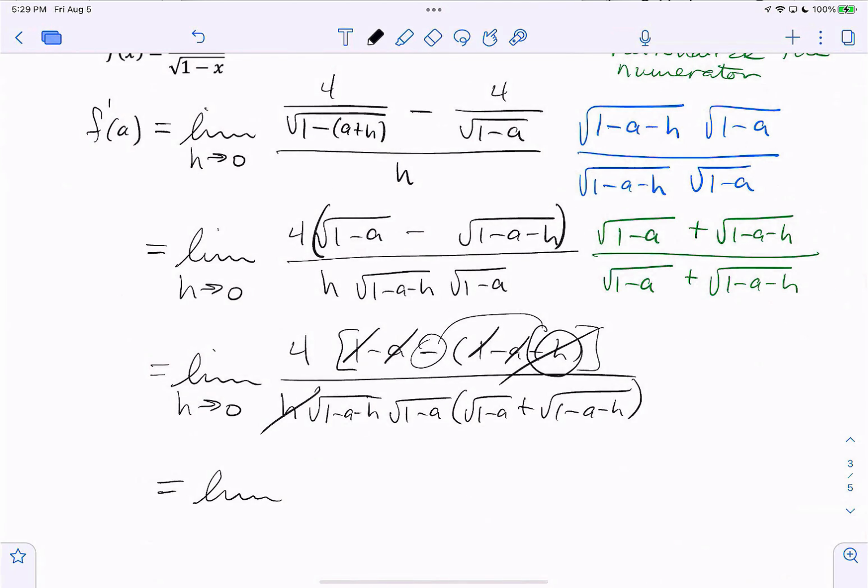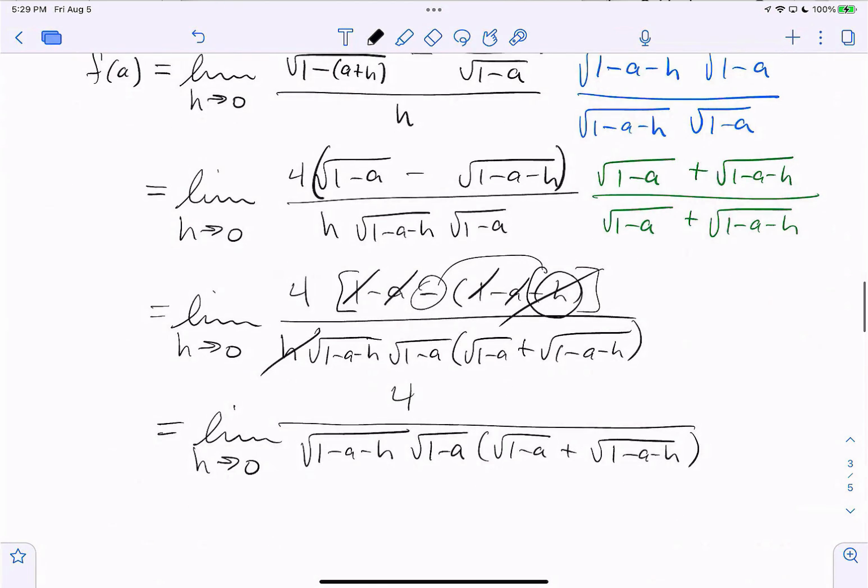I'm left with the limit, as h approaches 0, of 4 over this hideous denominator. That denominator, by the way, is the square root of 1 minus a minus h times the square root of 1 minus a, all that times the quantity of the square root of 1 minus a plus the square root of 1 minus a minus h.